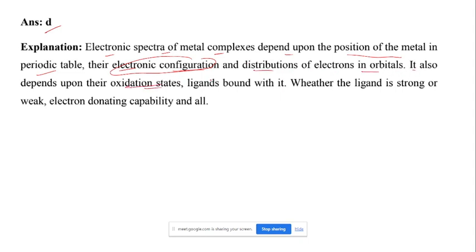Then the ligand bound with it, which type of ligand is bound, whether the ligand is strong or weak, its electron donating capability. So all these points are correct. Good question.